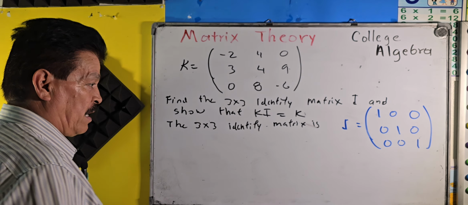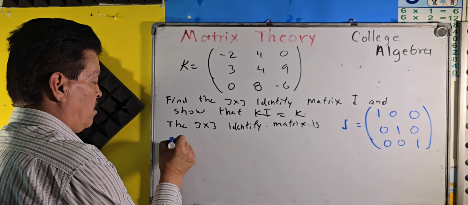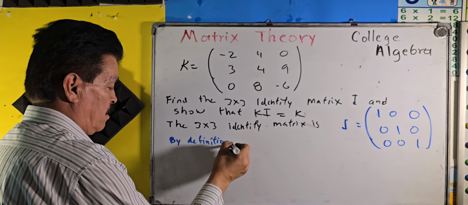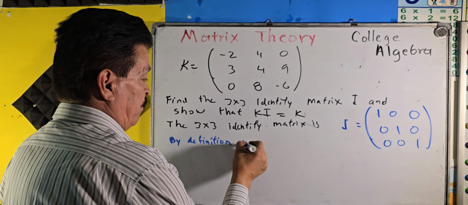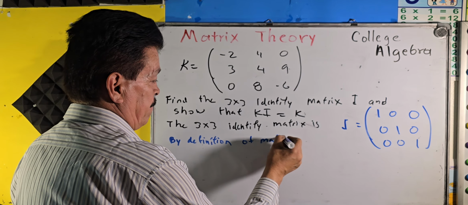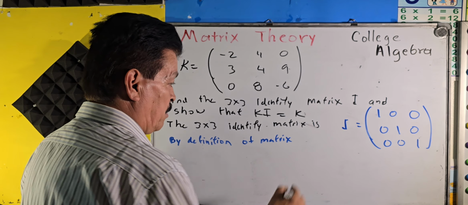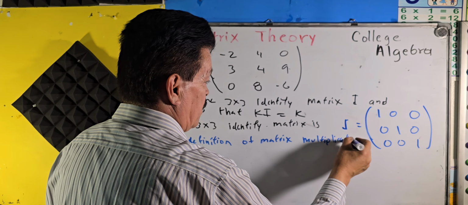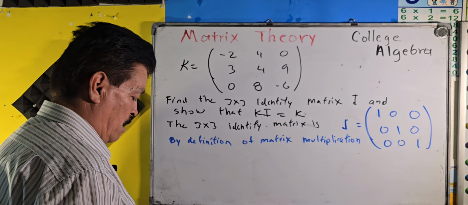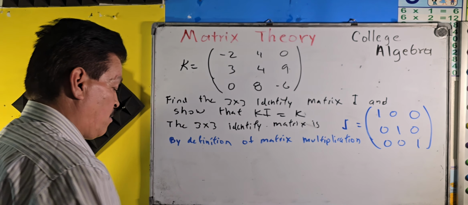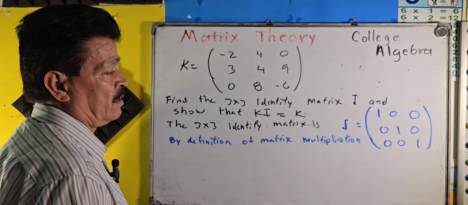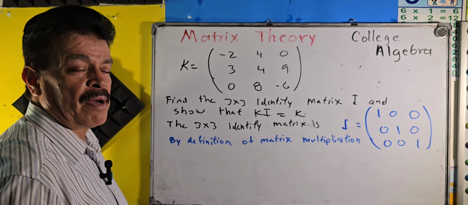By definition, our matrix multiplication, remember, right now we know what the properties of the matrix are.